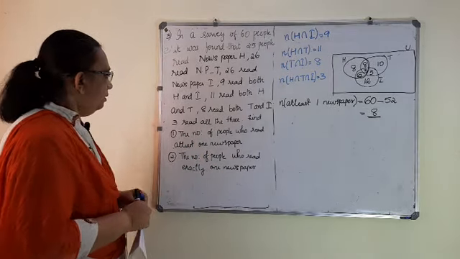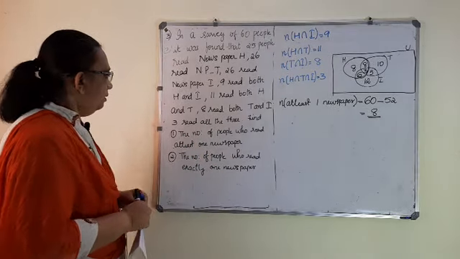So neither tea nor coffee, N of T complement intersection C complement, and this is by which law? It is by De Morgan's law. And N of T union C, the whole complement, is equal to U minus N of T union C. And U minus, what is T union C?